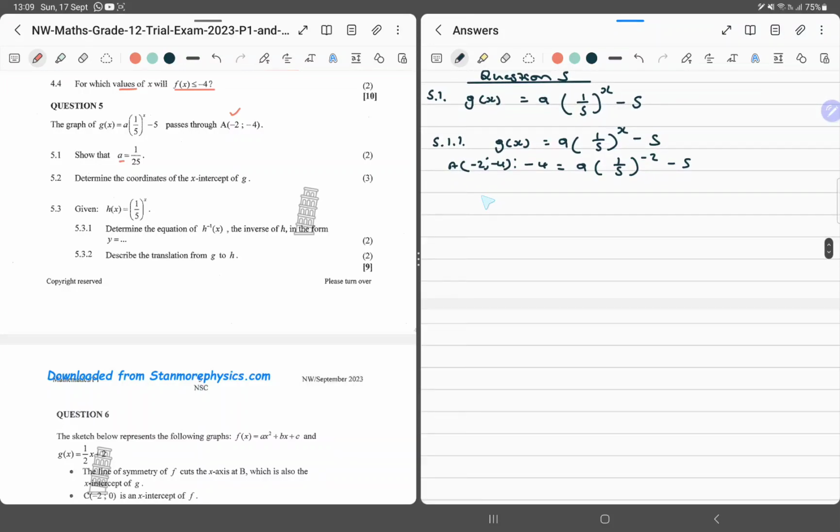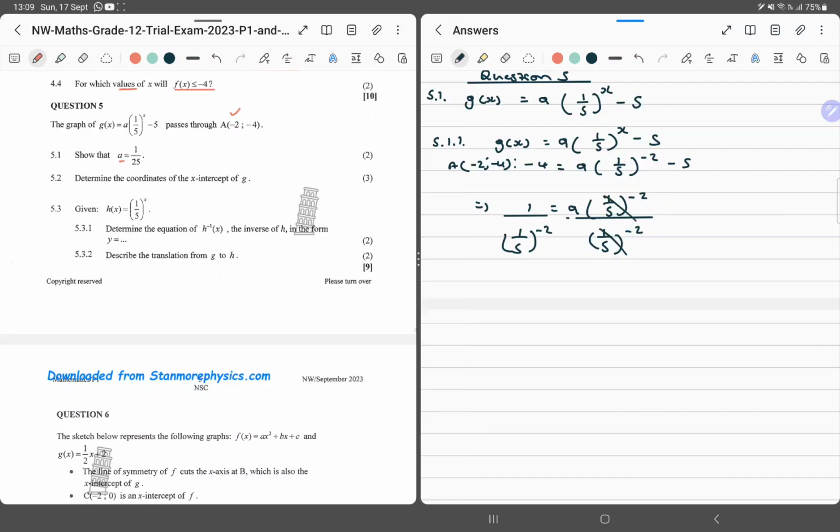Okay, great. So this implies you transpose the 5, becomes a plus 5. Minus 4 plus 5 is 1, so 1 equals A times 1 over 5 all to the exponent minus 2. So what do you do here? You divide by 1 over 5 to the exponent minus 2 on both sides.